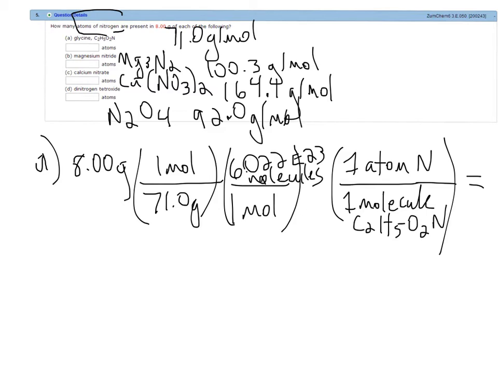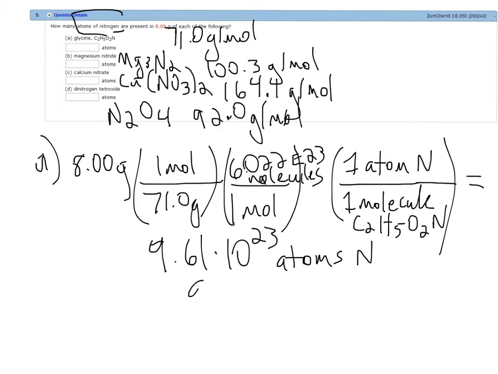So on my calculator I would multiply 8 times 1 times Avogadro's number times 1, and then divide all that by 71. It works out for part A to be 9.61 times 10 to the 23rd atoms of nitrogen. When entering into WebAssign, I would just type in 9.61 lowercase e 23.